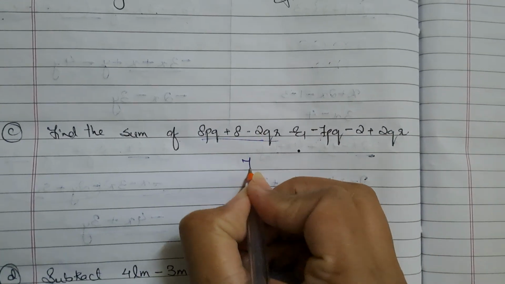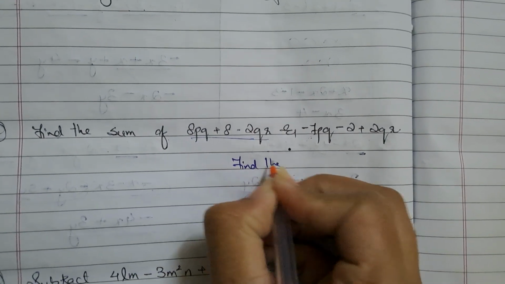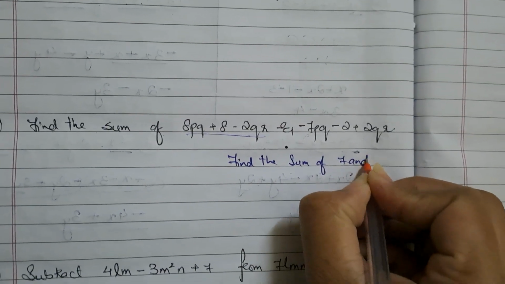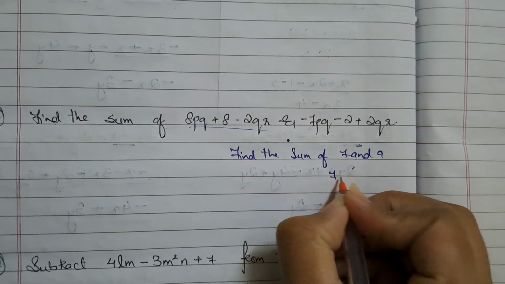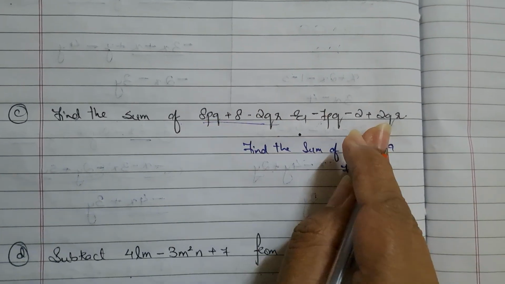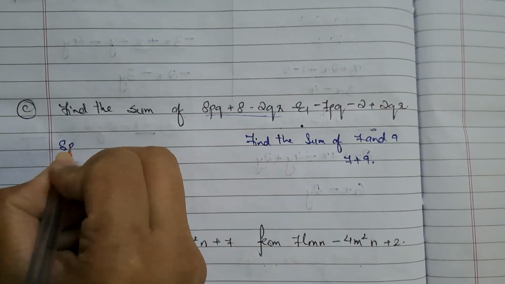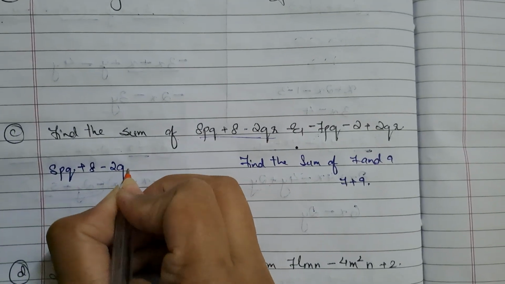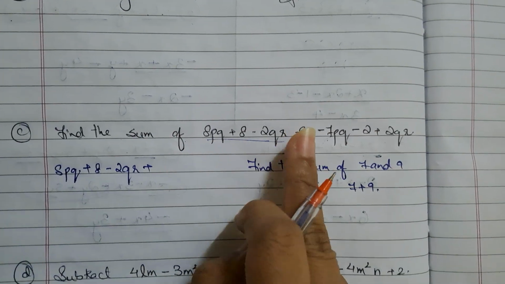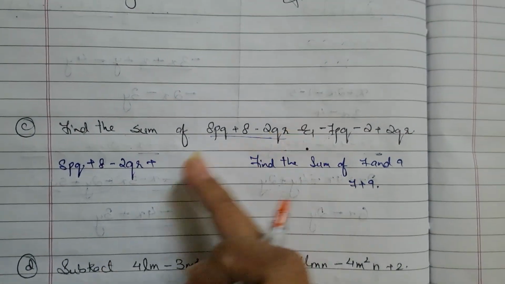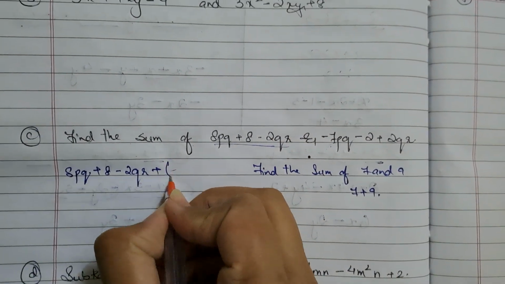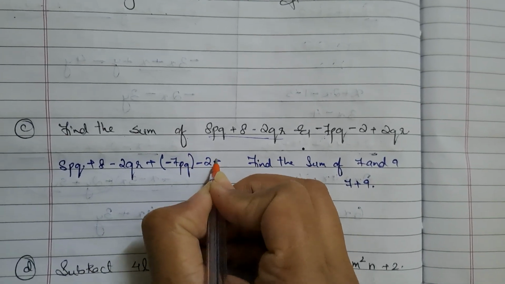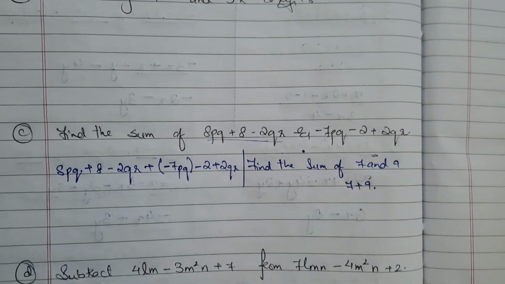So it is much similar to find the sum of 7 and 9. So what do you do? 7 plus 9 you do. The same thing you're going to do in here. 8pq plus 8 minus 2qr, plus, in place of 'and' I'm putting a plus, and then it becomes minus 7pq minus 2 plus 2qr is what I write in here.